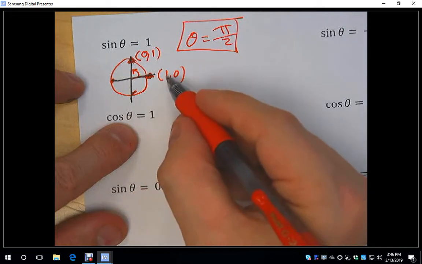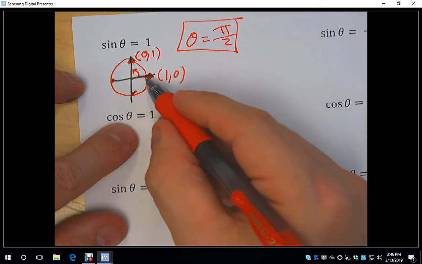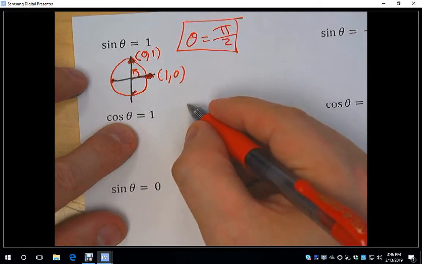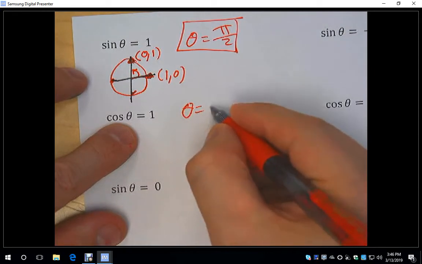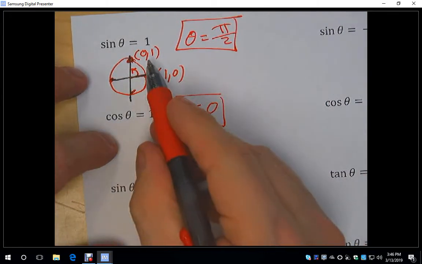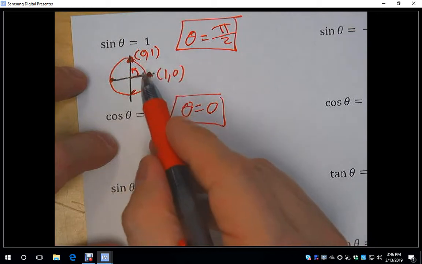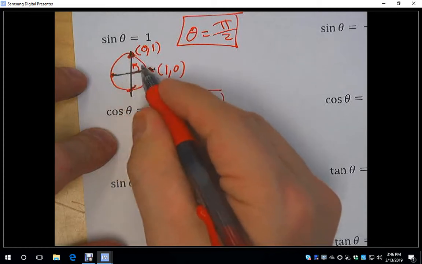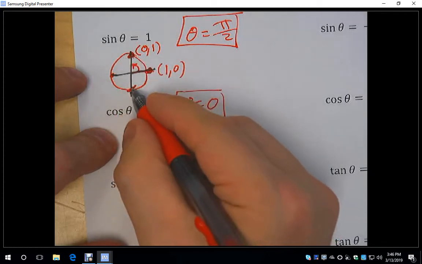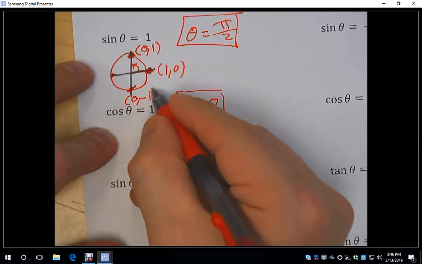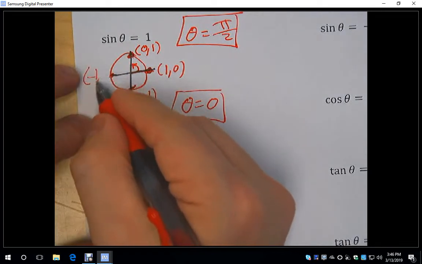So when our x value is 1, theta equals 0 degrees. This point right here is a rotation of 3 pi halves, which is 0, negative 1, and this point right here is negative 1, 0.